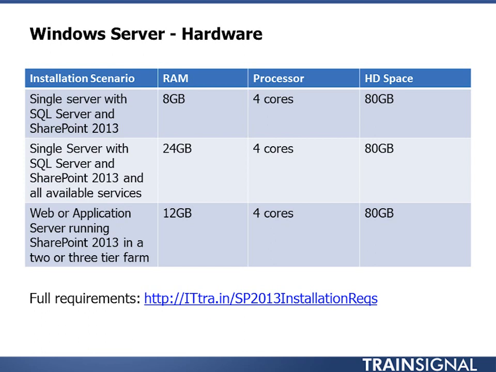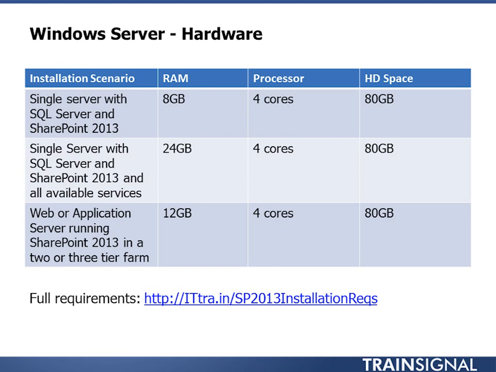However, if you're going to be standing up a web server or an application server in a farm where SQL is going to be offloaded, and my applications are going to be offloaded, then the minimum requirement is going to be 12 gigs for that environment. Keep in mind, like we talked about earlier, that when we're talking about our different services, our needs are going to vary.